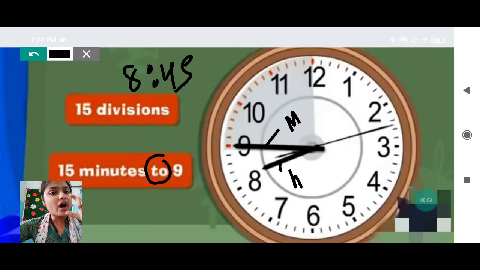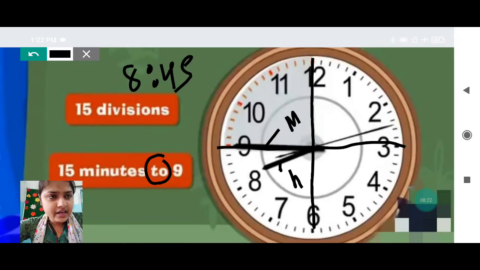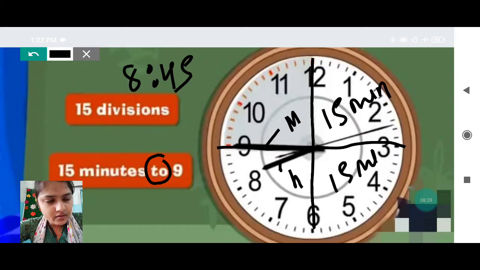When 15 minutes have passed, it is called a quarter. It means a clock is divided into 4 parts, and each part has 15 minutes.